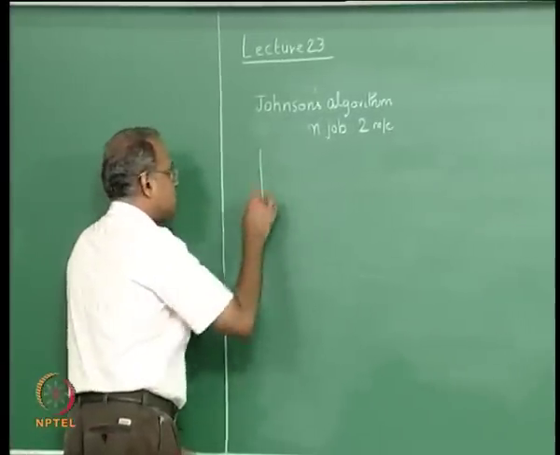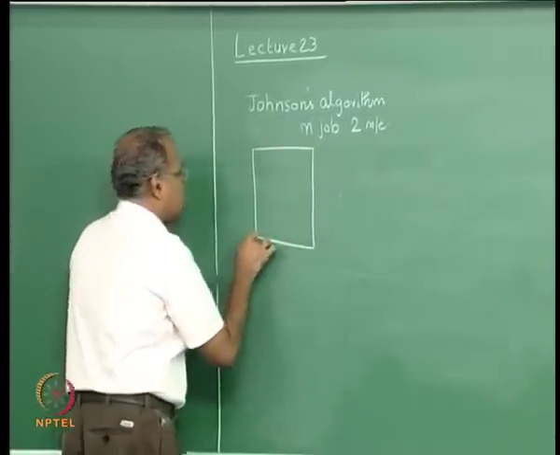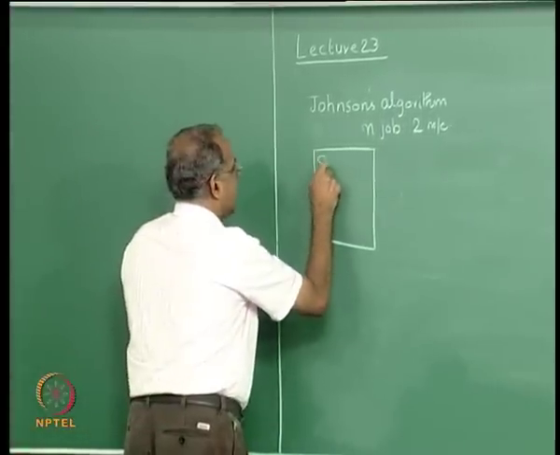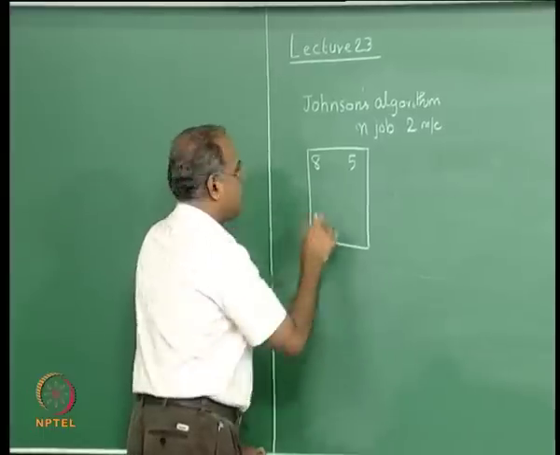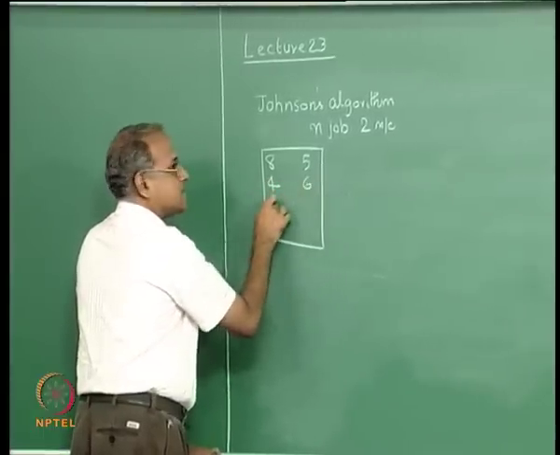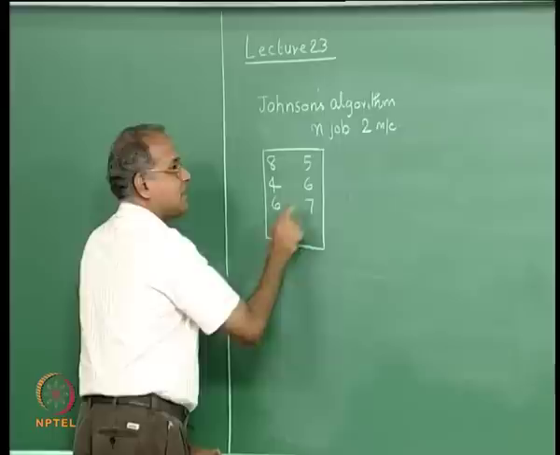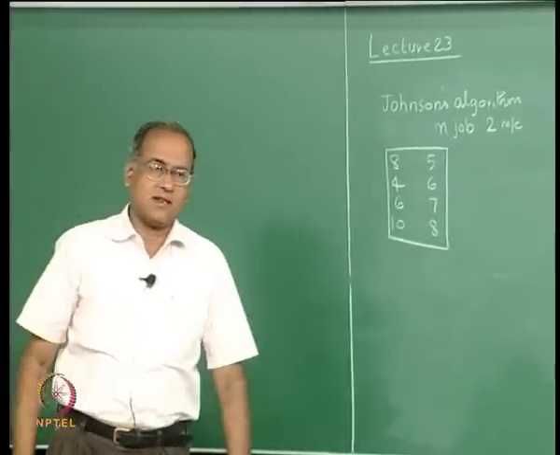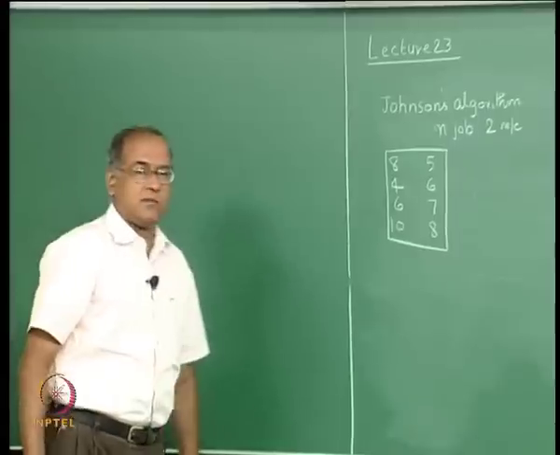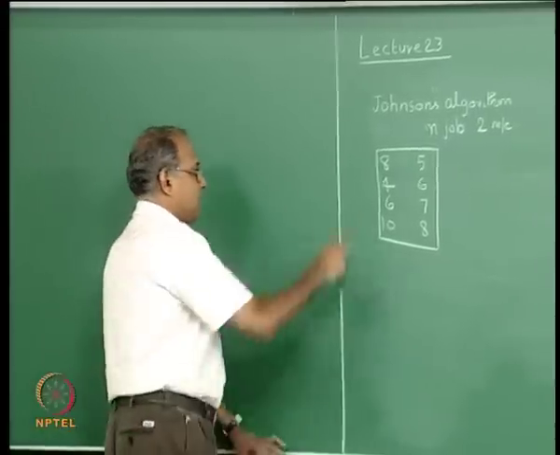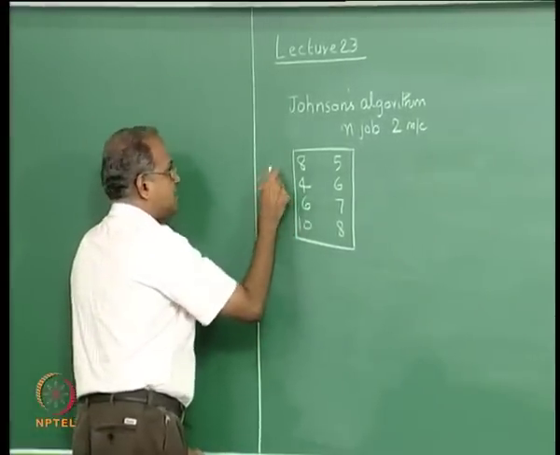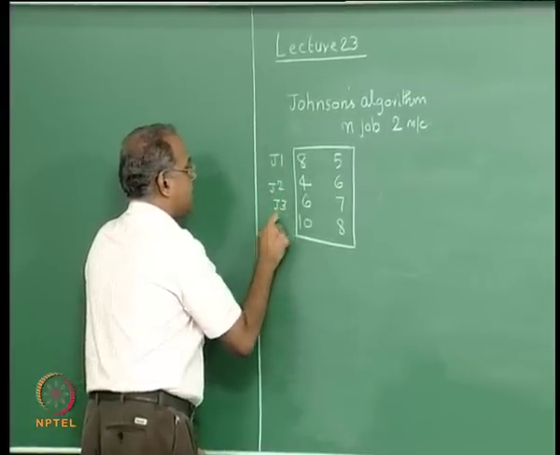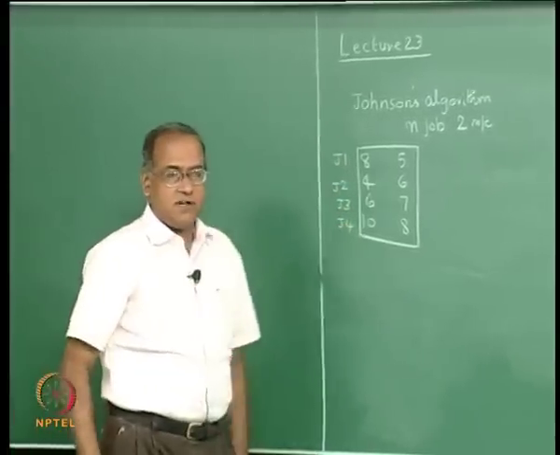Suppose we had 4 jobs and only 2 cells instead of 3, and we had these processing times: 8, 5, 4, 6, 6, 7, 10 and 8. If there were 2 cells, Johnson's algorithm begins like this. There are 4 jobs or parts, so we may call them P1 to P4 or J1 to J4.